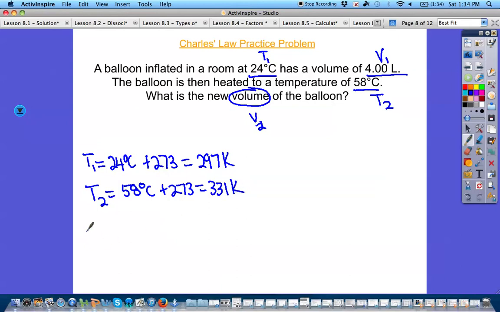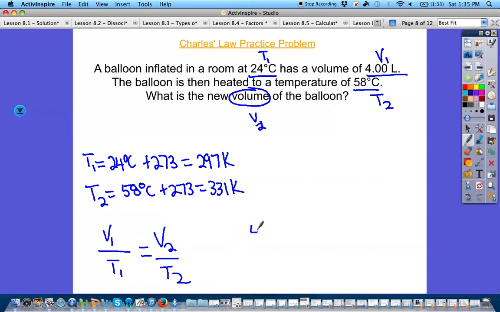Okay, so we have 297 Kelvin and 331 Kelvin. In Charles's law, V1 over T1 equals V2 over T2. So now we can just plug the values into our variables in our equation.